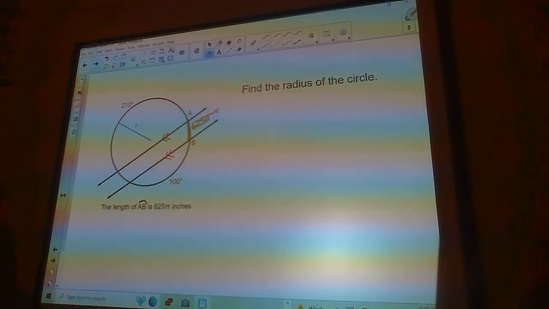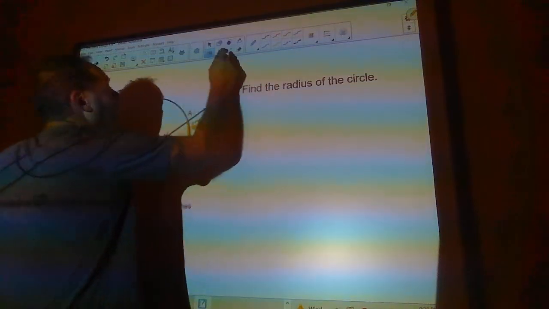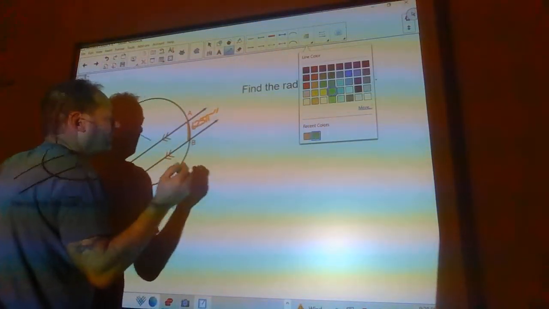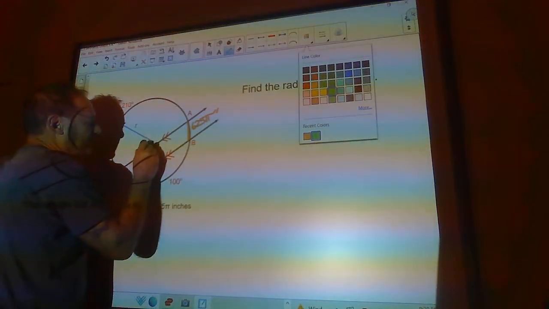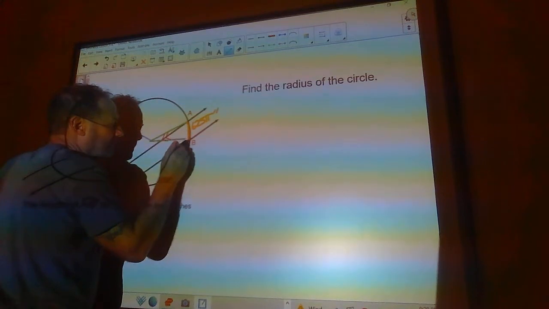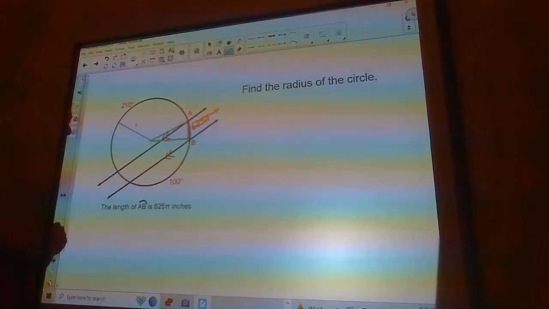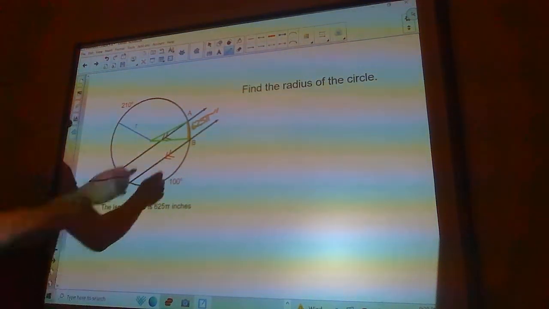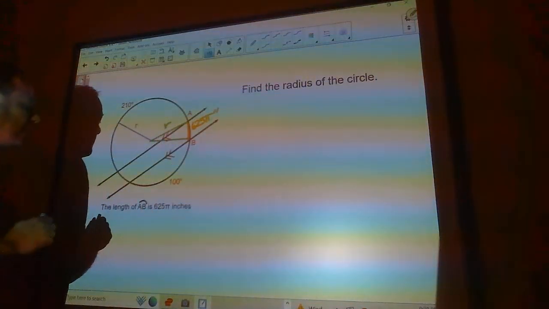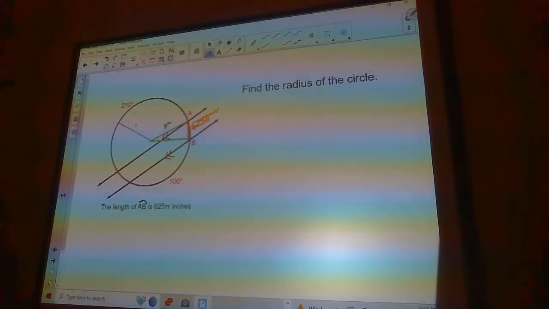That's the arc length. Now, here's what I want to do. This is the center of the circle right here. I'm going to go ahead and draw this and this. Now both of these are R. That's what I want to find.